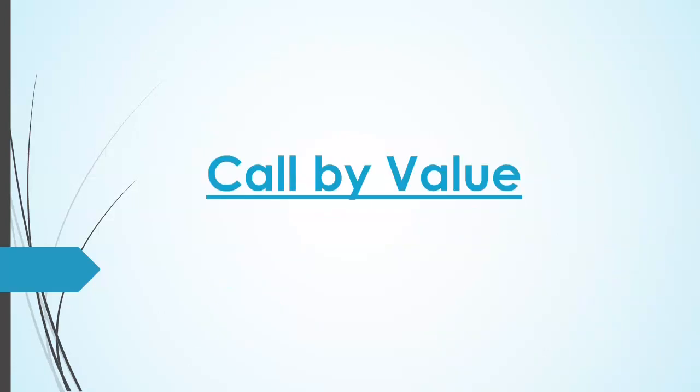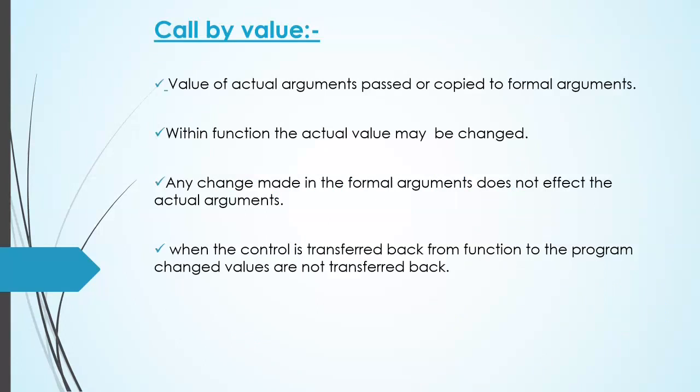Now we'll see in detail call by value. In call by value, values of actual arguments are passed or copied to formal arguments. Within the function, the values may get changed.